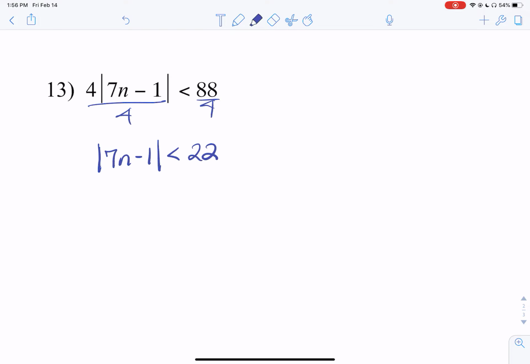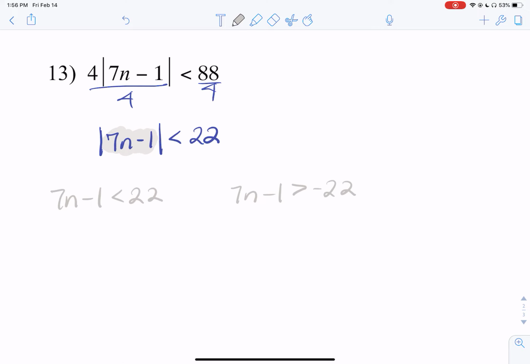We get again what's inside the absolute value. So we get 7n minus 1 and have it be less than 22. And then we get again the same thing, 7n minus 1 and have it be greater than -22. So solving the one on the left, we would have to add 1 to both sides, and 7n is less than 23.